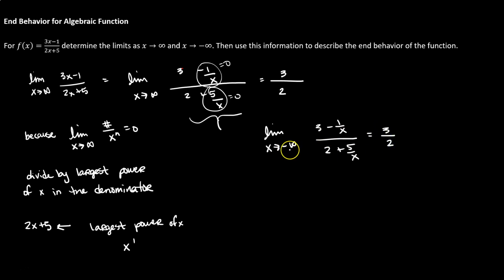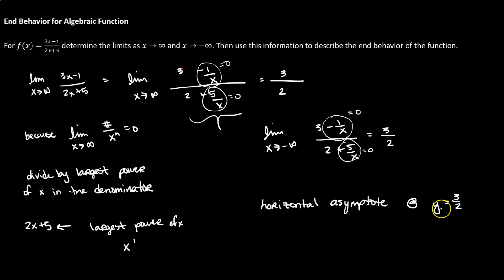And even though x is going to negative infinity, this negative 1 over x still goes to 0, and this 5 over x also goes to 0. So we can see that we have a horizontal asymptote at the line y equals 3/2.